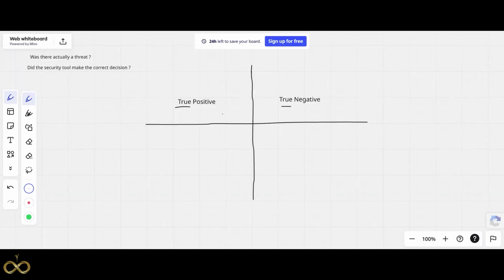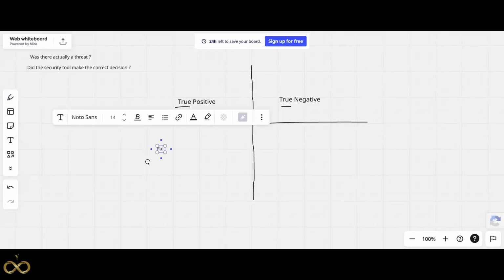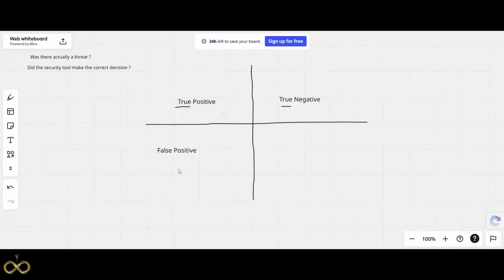Now let's talk about the third and important term, which is false positive. This term you will always come across in cybersecurity.